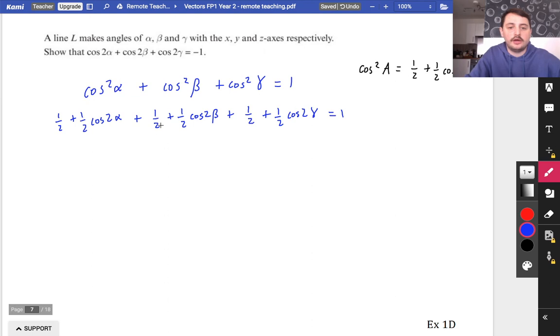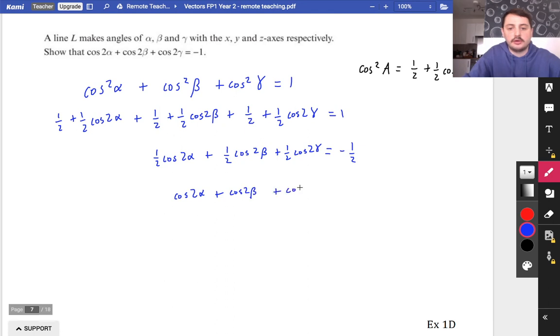I've got a half, and a half, and a half, so that's 3 halves, and 1 minus 3 halves is minus a half. Then I have a half cos 2 alpha plus a half cos 2 beta plus a half cos 2 gamma. Double everything through here, and we get that cos 2 alpha plus cos 2 beta plus cos 2 gamma is equal to minus 1, as they wanted.